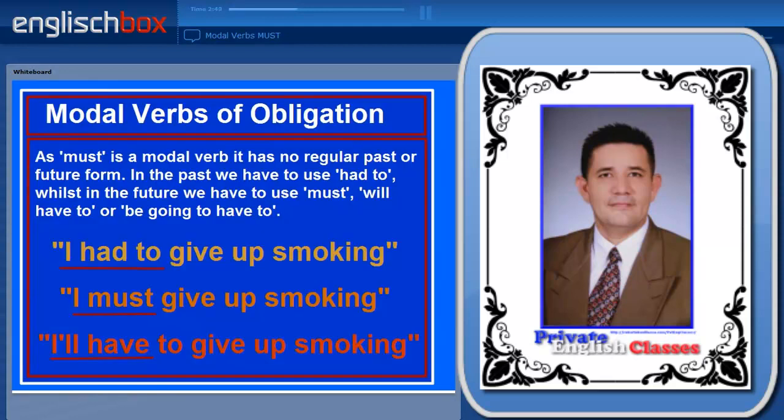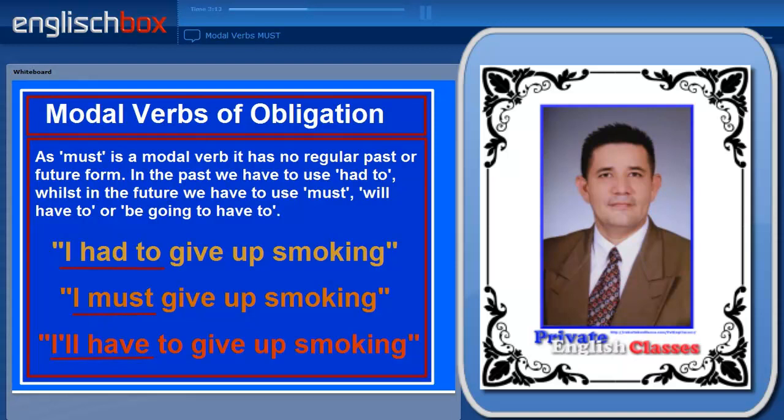Moving on, must as a modal verb does not have a regular past or future form. This means that to talk about obligation in the past, we have to use had to. For example, I had to give up smoking in the past. I must give up smoking in the present.